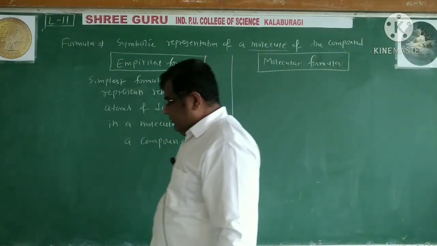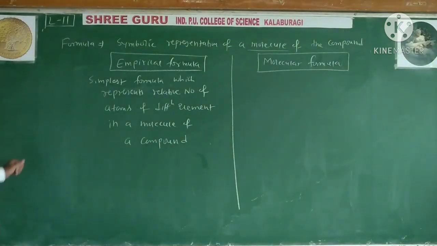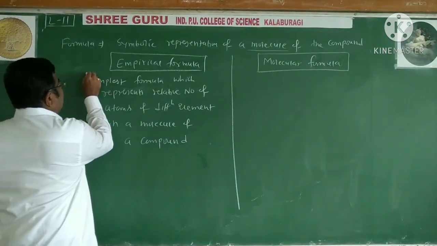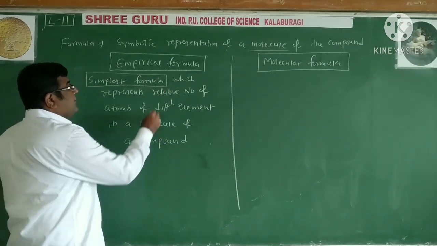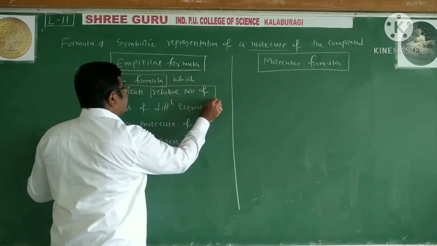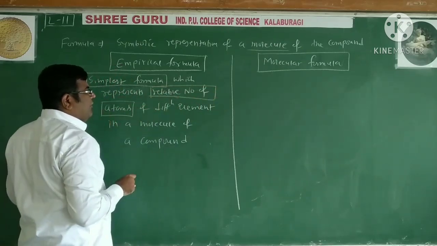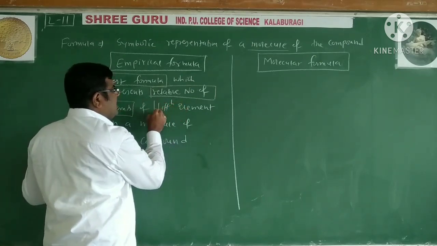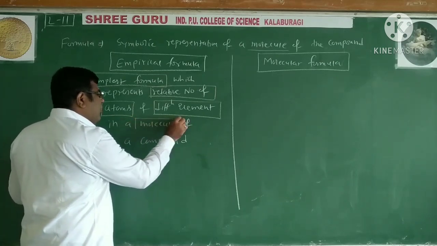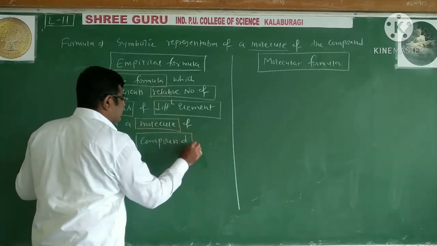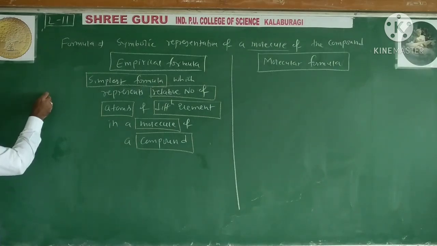See the definition. It is the simplest formula. And what does it represent? Relative number of what? Of atoms. These atoms are of different elements. They are present in a molecule of a compound.